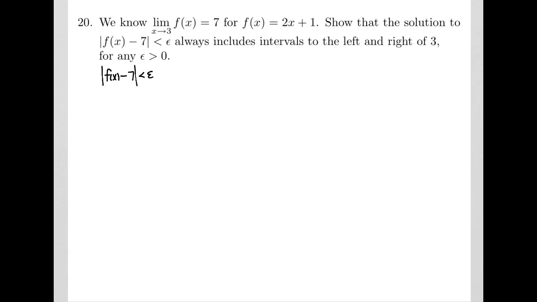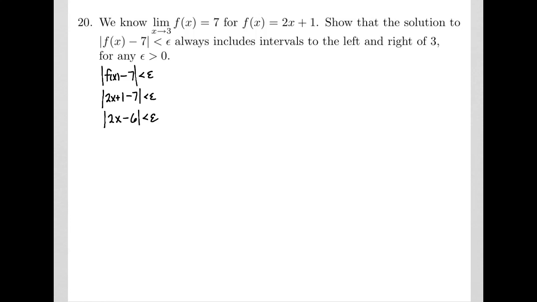So if I start with the inequality absolute value f of x minus 7 is less than epsilon, and I replace it with my formula, 2x plus 1, subtract 7, is less than epsilon. I have a new inequality that's the same as the first, which when I do algebra I get absolute value of 2x minus 6 is less than epsilon.